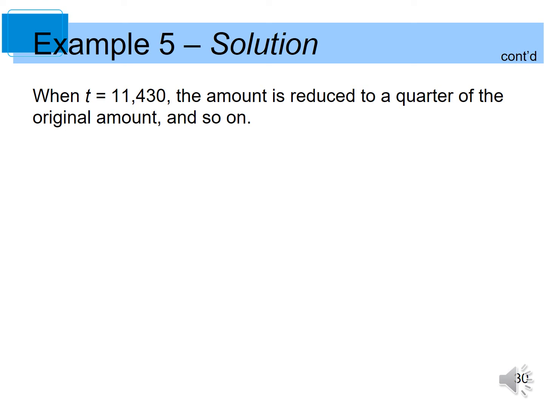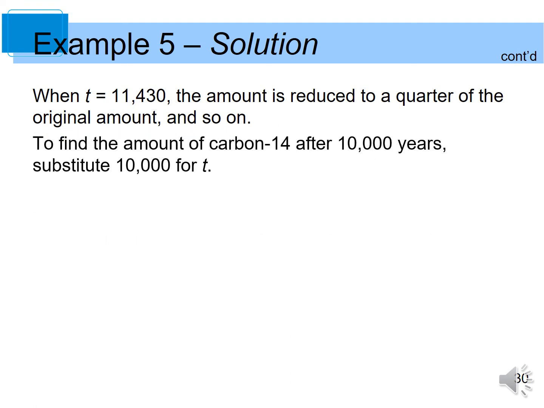You can keep verifying your model by substituting t equal to 11,430 years. Then the amount is reduced to a quarter of the original amount. To find the amount of carbon-14 after 10,000 years, you substitute 10,000 into t.